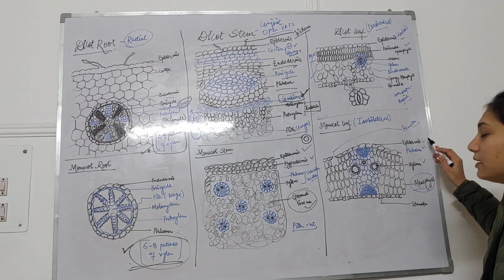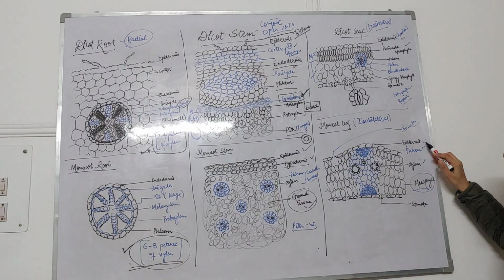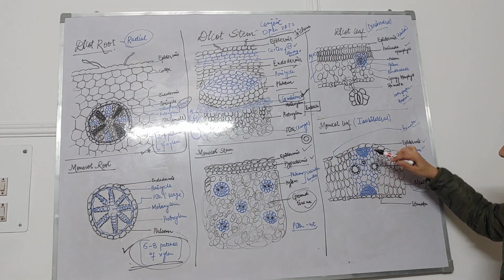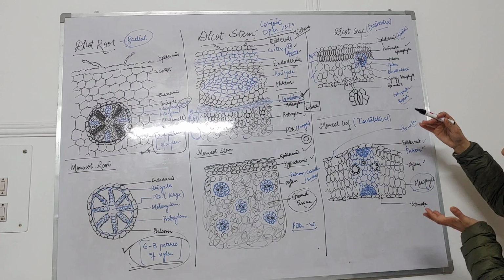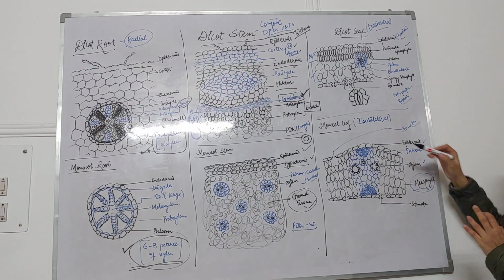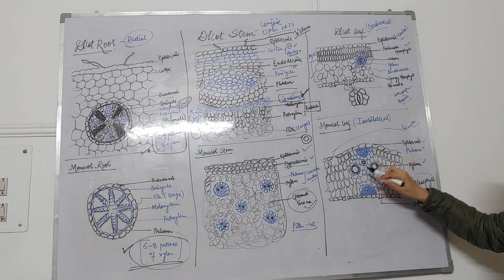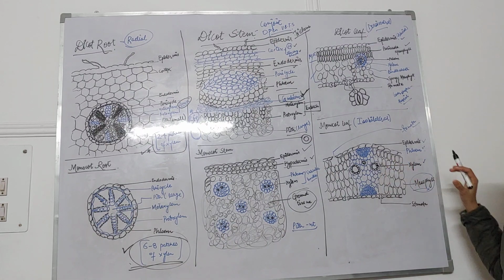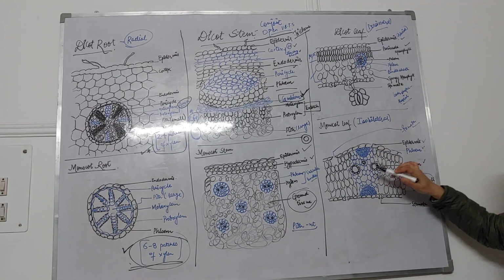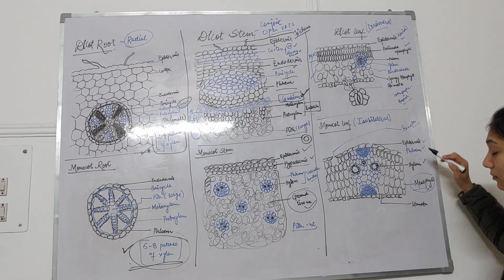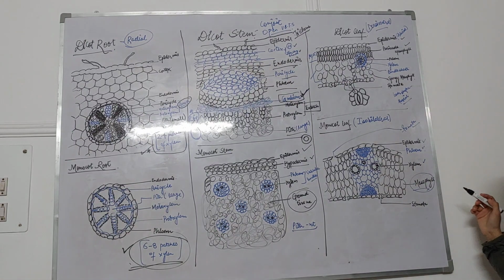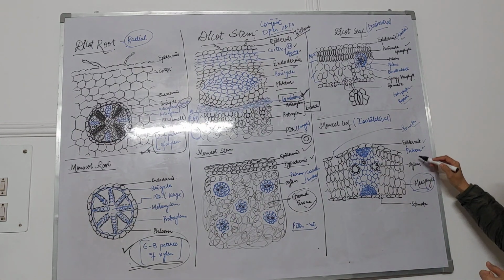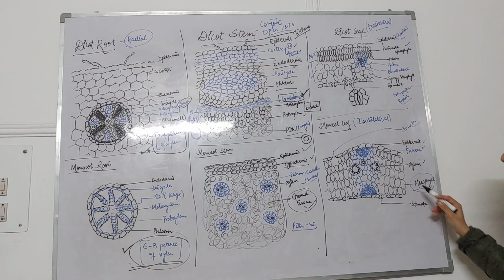The outermost layer is the epidermis. Next, phloem is present on both surfaces below the epidermis, and xylem is present in some scattered patches between the phloem. Or we can say that here also xylem is surrounded by phloem.